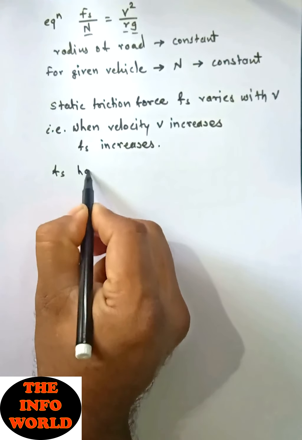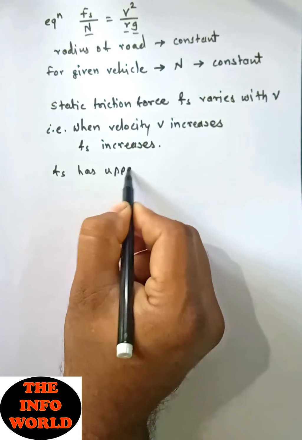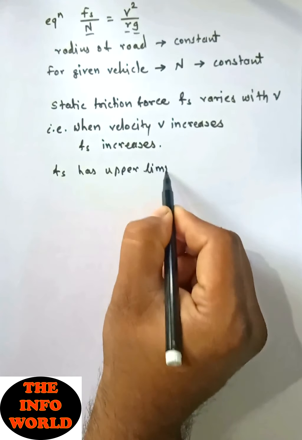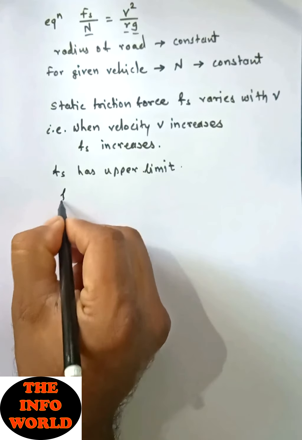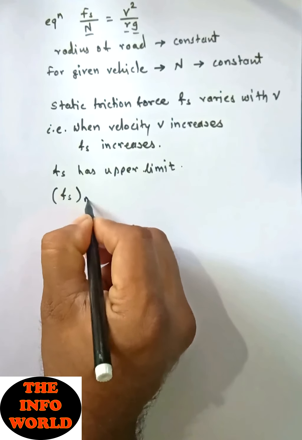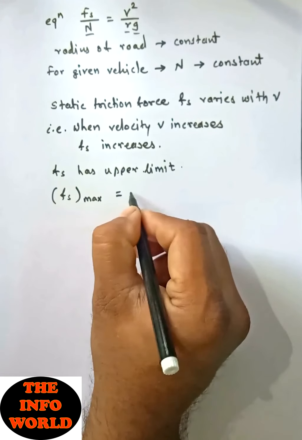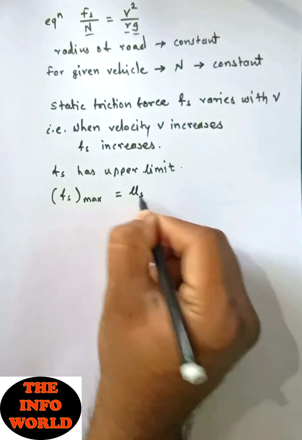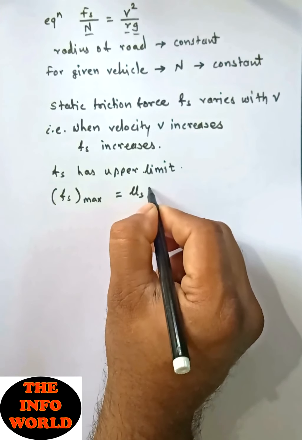Fs has an upper limit, that is, Fs has a maximum value equal to mu s into n.